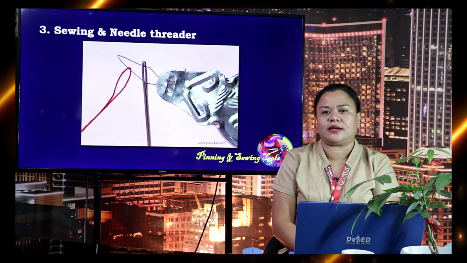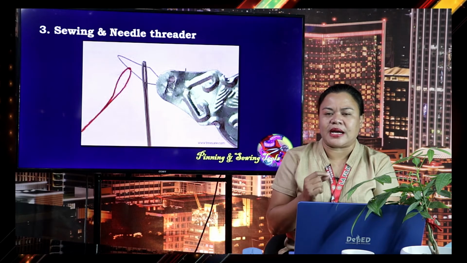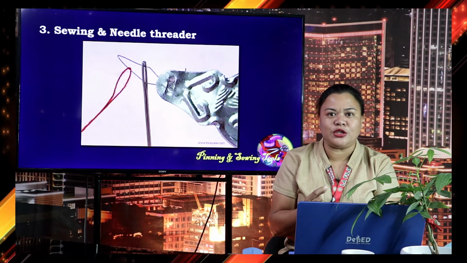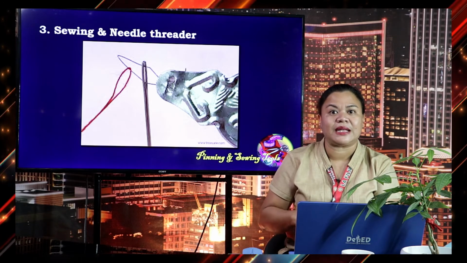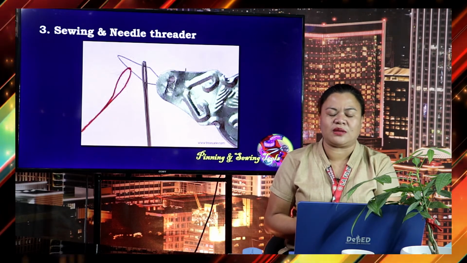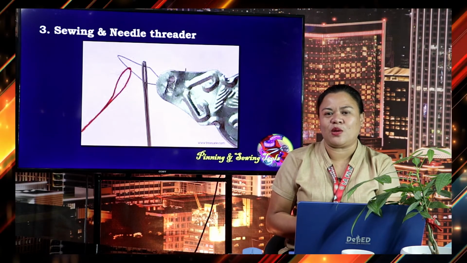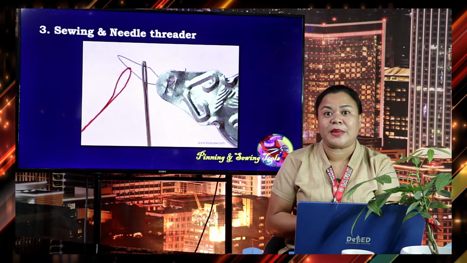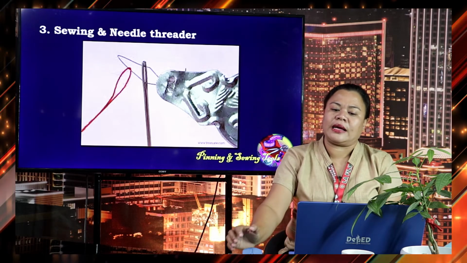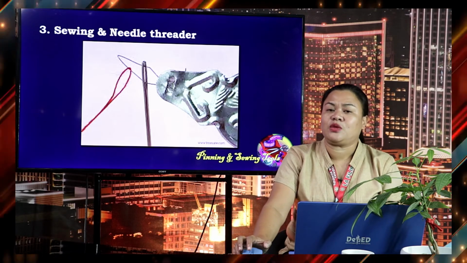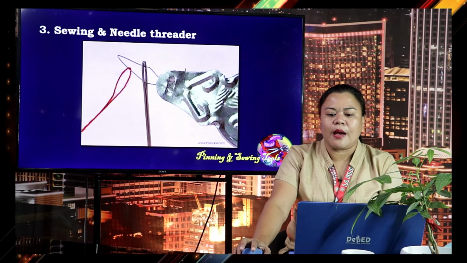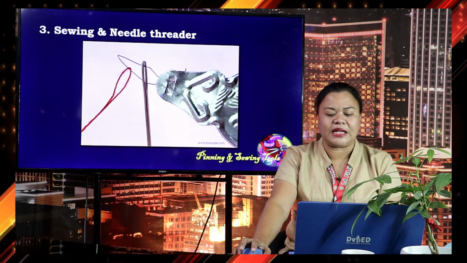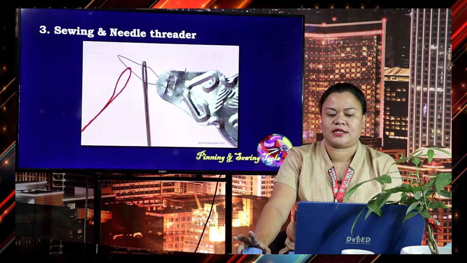sewing and needle threader. As you can see, nakita naman mo og kanang hilo, no? Gagmay kaayo, gagmay pod ang mata sa inyong dagom. So, katong labi na kadtong mga tigulang na bitaw kamot or halos wala na makakita, maglisod na og sulod sa thread diri sa mata sa dagom. So, this one, si threader, it will aid you in putting the thread to the needle. So, duha iyang parts.